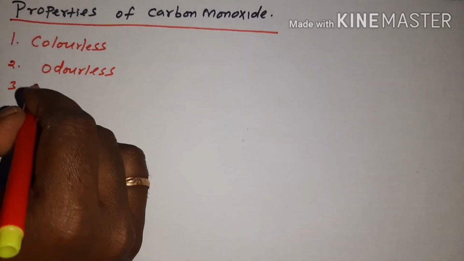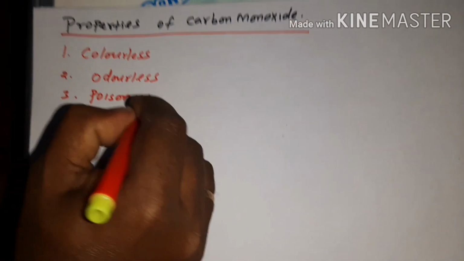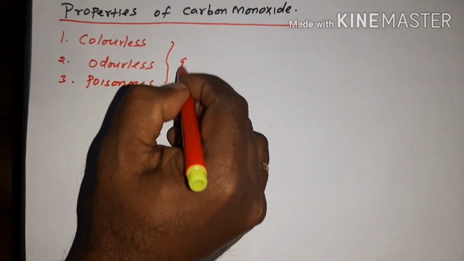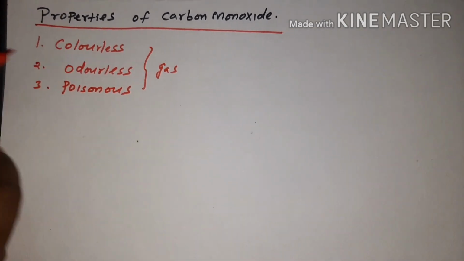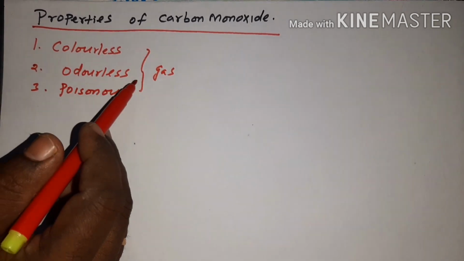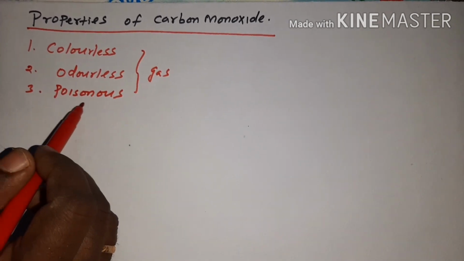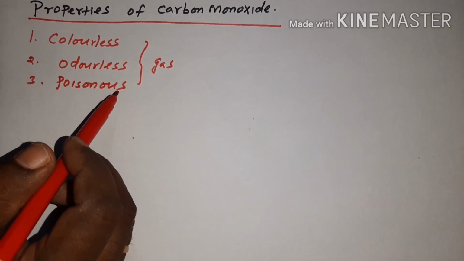Third one is poisonous gas. It's a colorless gas, that means there is no color. Odorless means there is no smell. Poisonous means if you inhale this carbon monoxide, it will kill us.